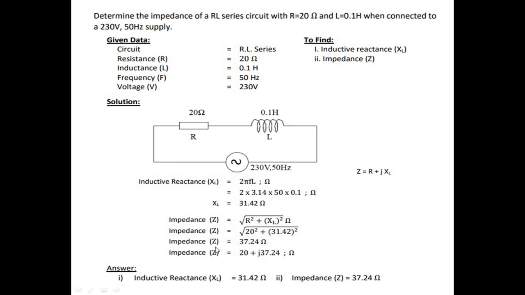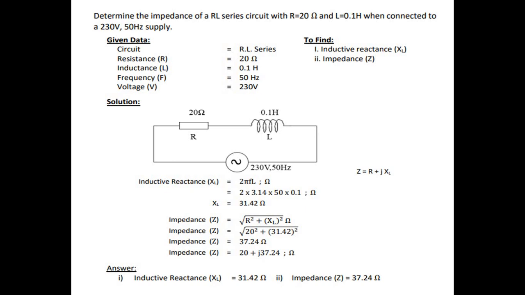Here first we have to calculate the inductive reactance. Inductive reactance XL is equal to 2 pi fL, which is 2 into 3.14 into 50 into 0.1, so XL is equal to 31.42.